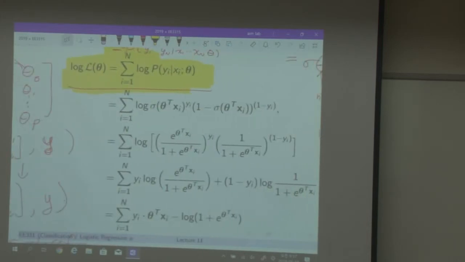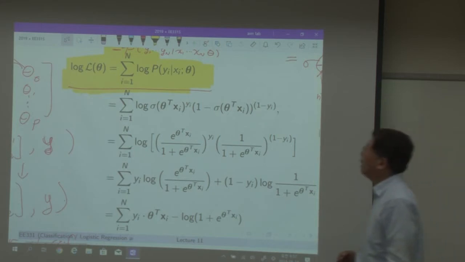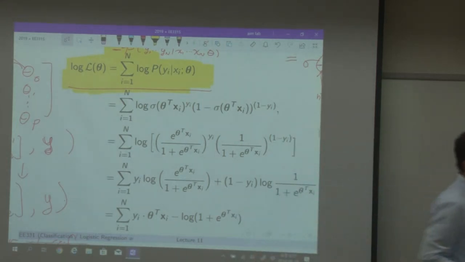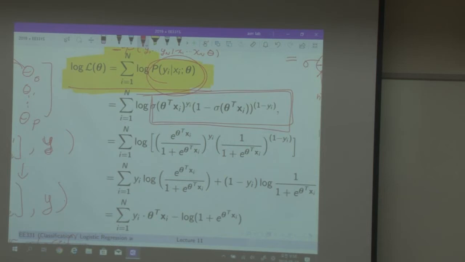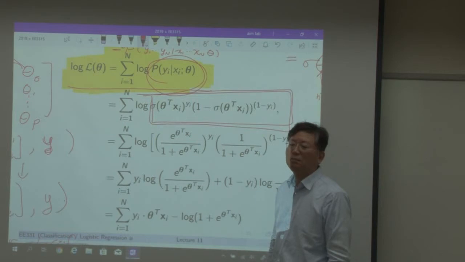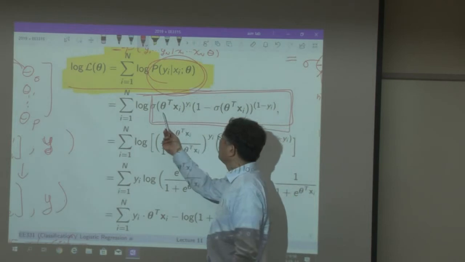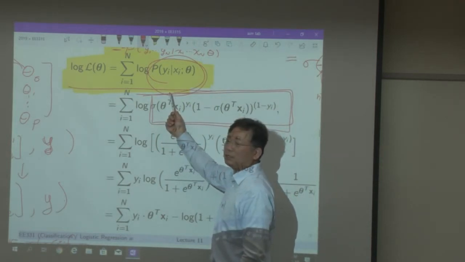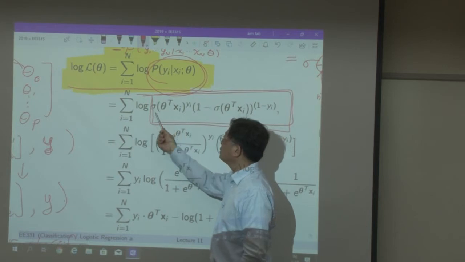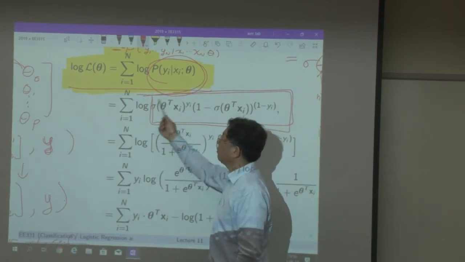Now, oh, this is great. This thing right here, you can write it like that. This is mathematical ingenuity. What is this? This is the conditional probability when?